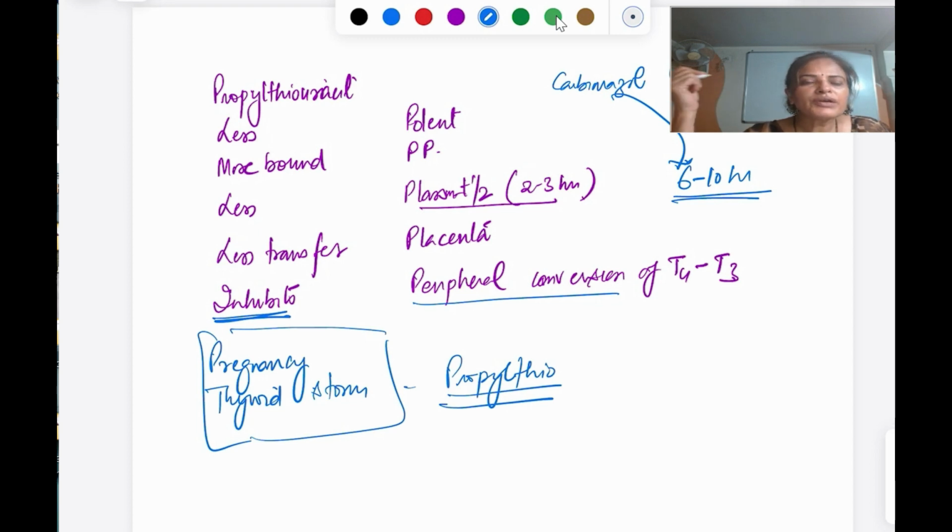So this drug, where we are using it as an antithyroid, we use it in the two conditions I told you: one is Graves disease and another one is toxic nodular goiter.